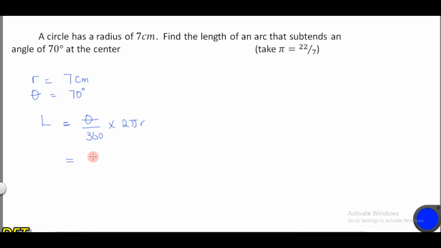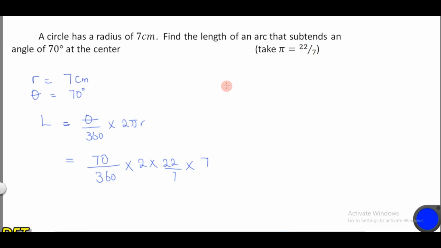So this is equal to 70 divided by 360 times 2 times, what is the value of pi? Pi was given to be 22 over 7. So times 22 over 7 times r. Our r is 7 centimeters. So times 7. So if we multiply, this will be 70 times 2 times 22 times 7, right?